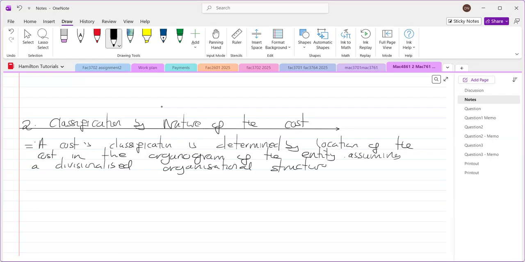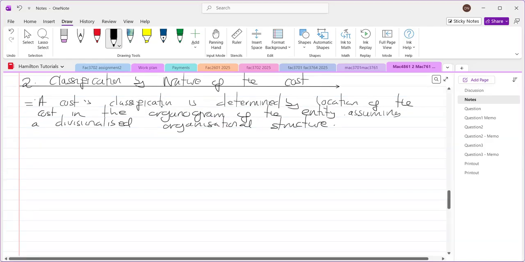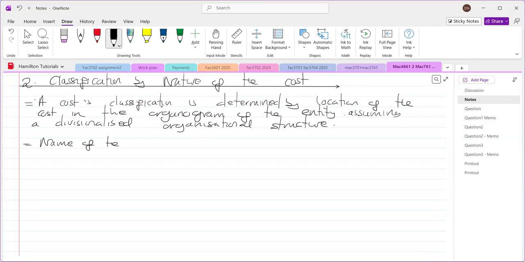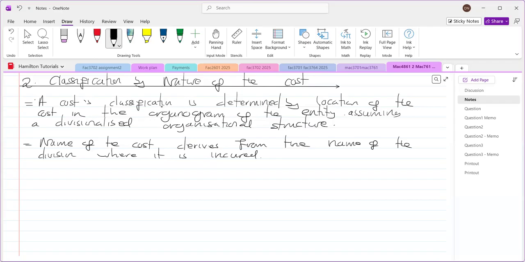So what we are saying is that the name of the cost derives from the name of the division where it is incurred.